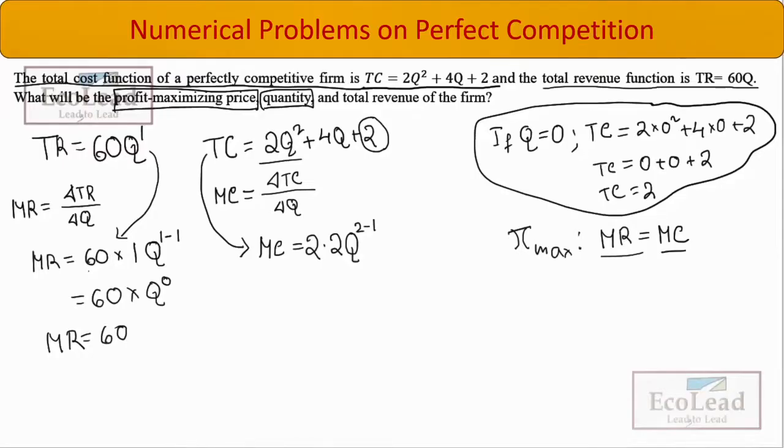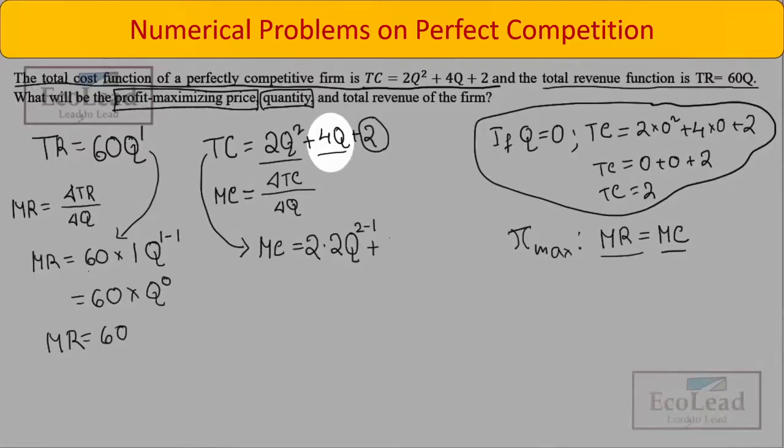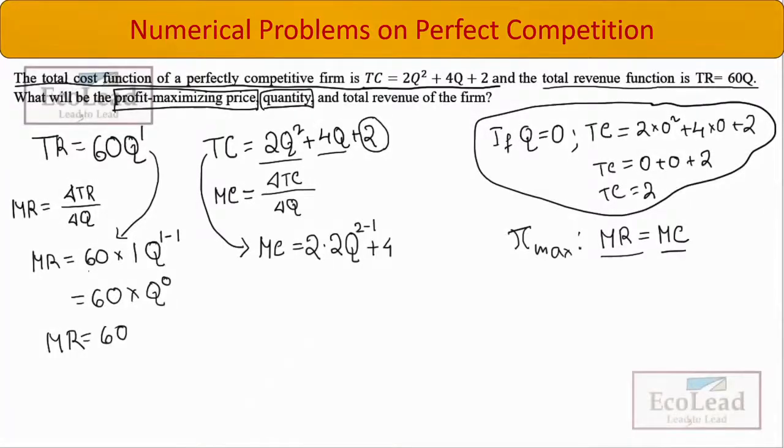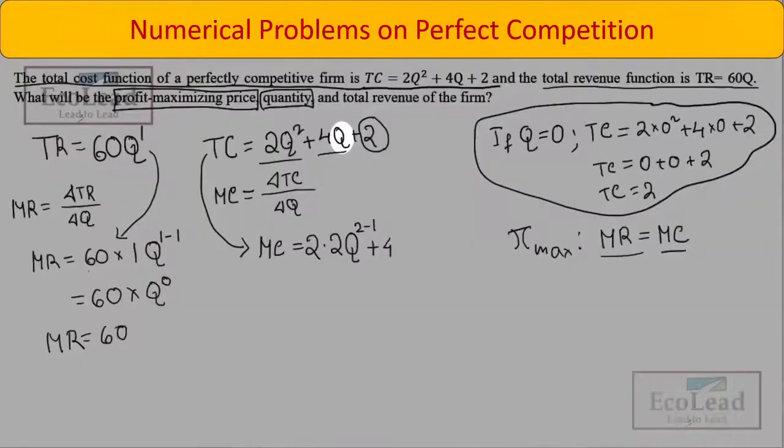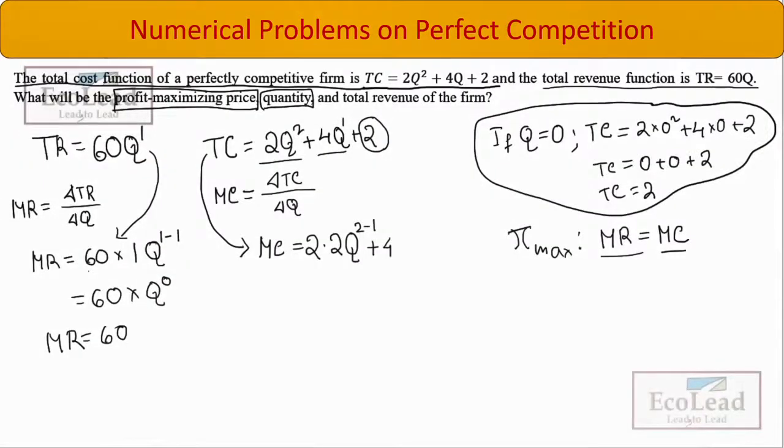So 2 minus 1. Then the second term. Let us look at the second term, 4Q. So here first we will write the constant. Here the power, it is written Q. Q means power is 1. So here we will write 4 into 1, and then Q to the power 1 minus 1. That means adjustment in the power of Q.